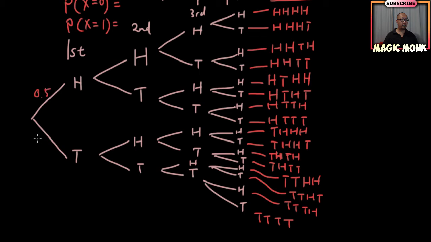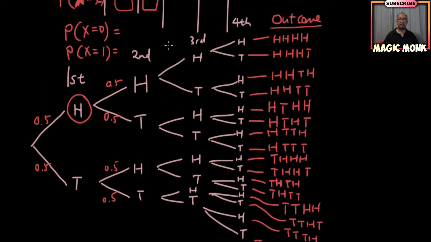That could go this way or this way. And then once it has gone this way, let's say we've tossed one head, the next toss has an equal chance of going that way or that way. So every single path has an equivalent chance of occurring.